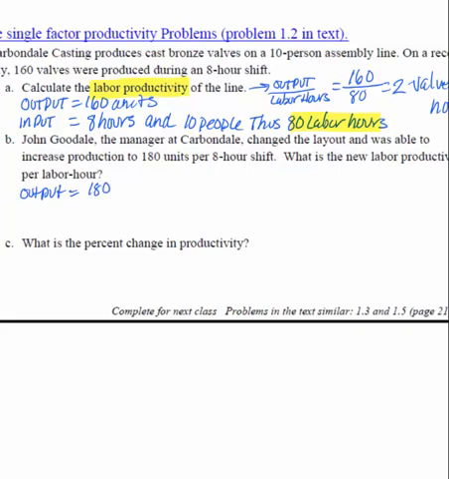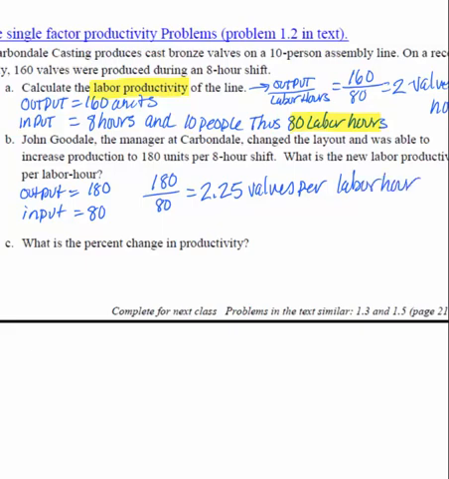And our input is still going to be 80 hours, because we still have an 8-hour work shift, and we have to assume that we still have 10 people because he didn't say anything about that. So we've got 80 here. Now we're going to do 180 divided by 80, which will give us 2.25 valves per labor hour.